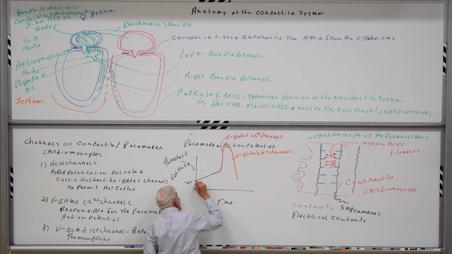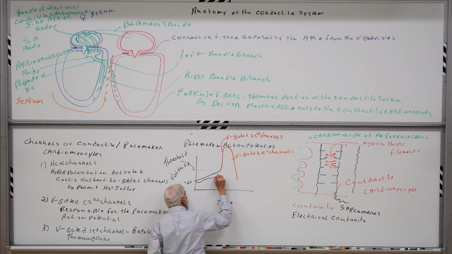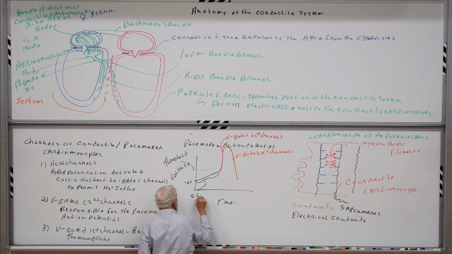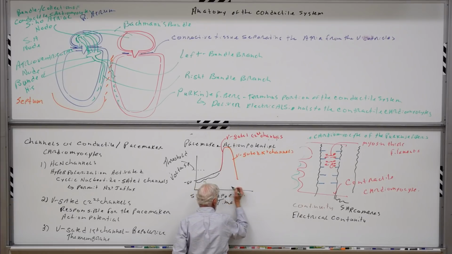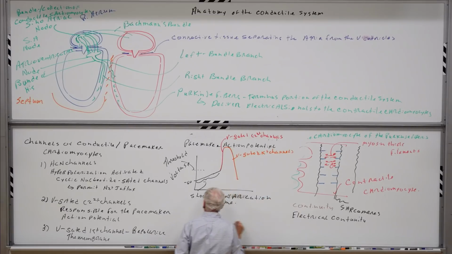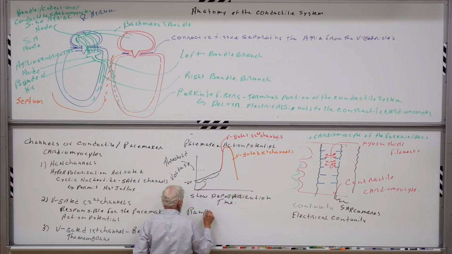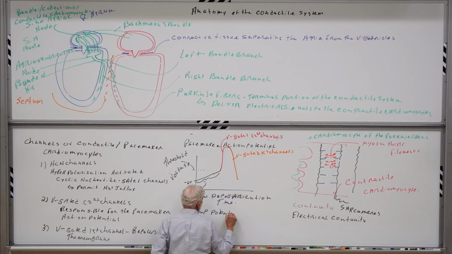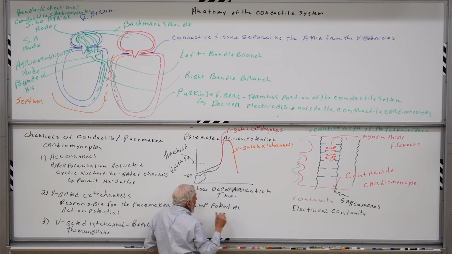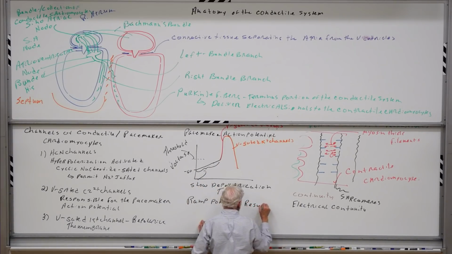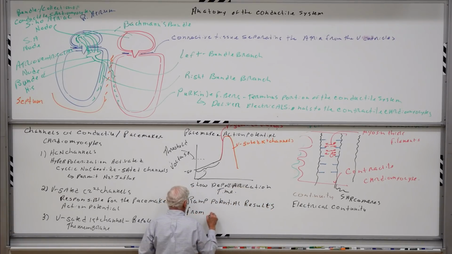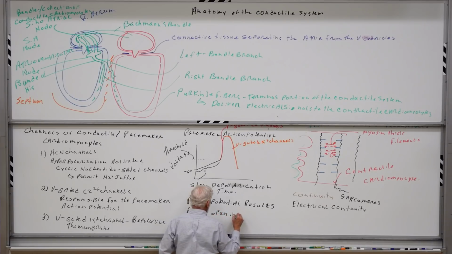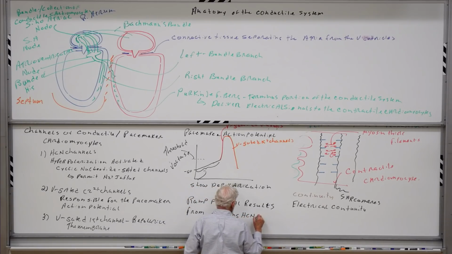This period of the so-called slow depolarization, something I'll call a ramp potential, results from opening HCN channels.